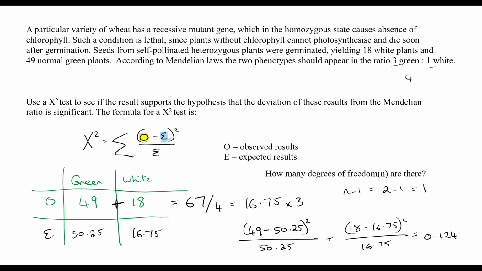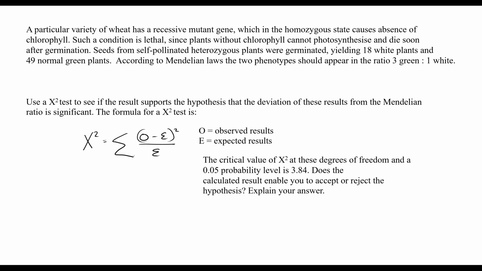So what else could they ask me? Well, the next thing they could say is, if you've now calculated your chi-squared value, so let's remind ourselves, our chi-squared value is 0.124, and they're telling us that the critical value at these degrees of freedom and at a 0.05 probability is 3.84.